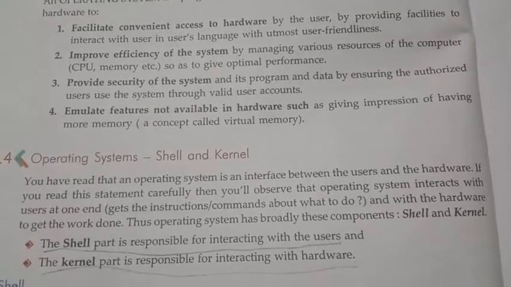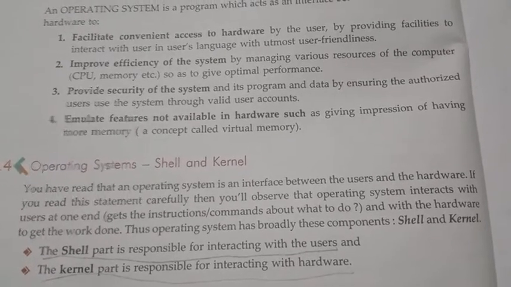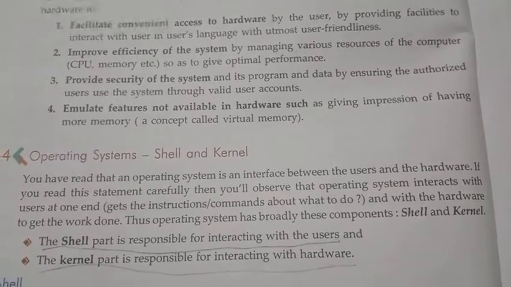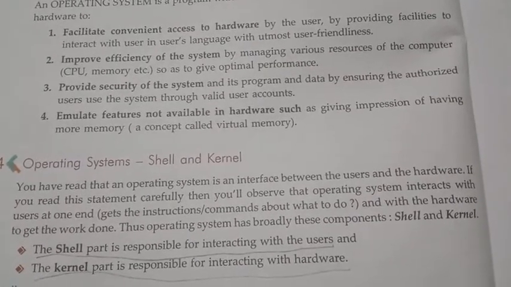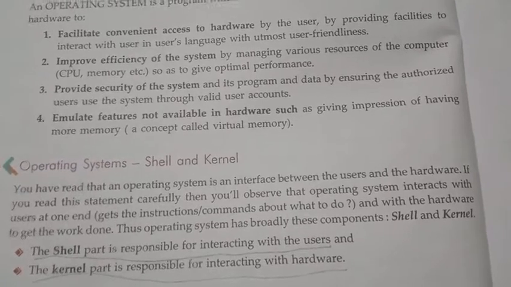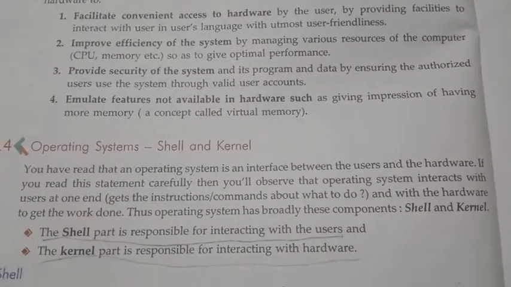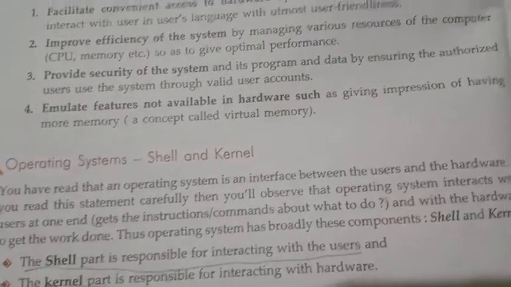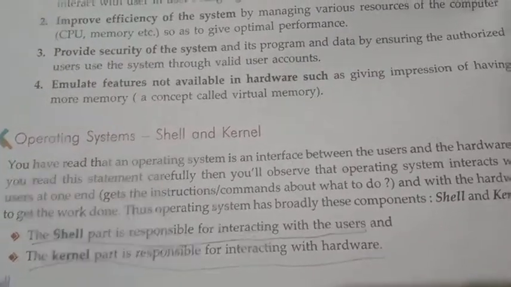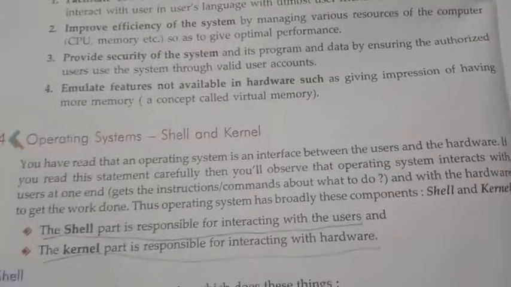No unauthorized users can access our data. This is also done by the operating system. Then last one, emulate the features not available in hardware, such as giving the impression of having more memory. This is the concept of virtual memory. In the coming chapters we are studying virtual memory.